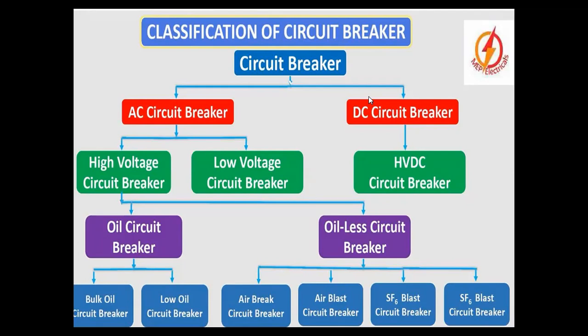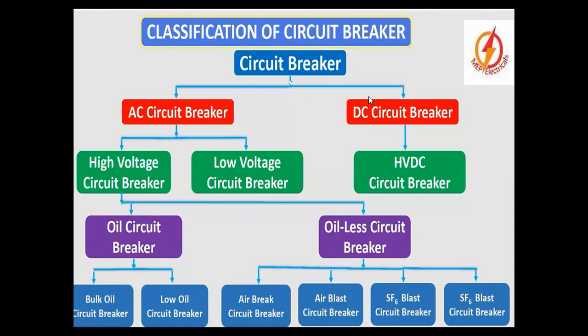Now, high voltage circuit breakers are again classified as oil circuit breaker and oil-less circuit breaker. Oil circuit breaker means oil is used as the arc quenching material, and the second type is the oil-less circuit breaker, means we are not using oil.